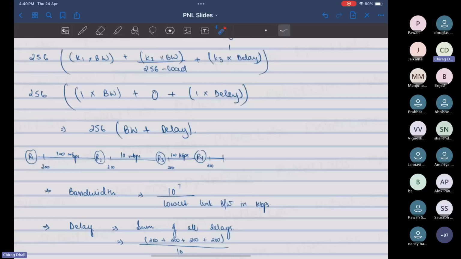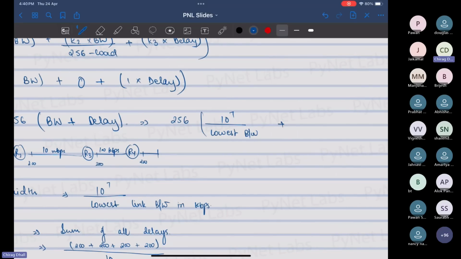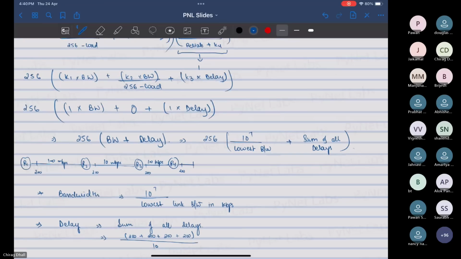So we can say actually this is 256 multiplied by 10 raised to the power 7 divided by lowest bandwidth plus for delay we can say sum of all delays. This is the actual formula. Is that clear to all of us?